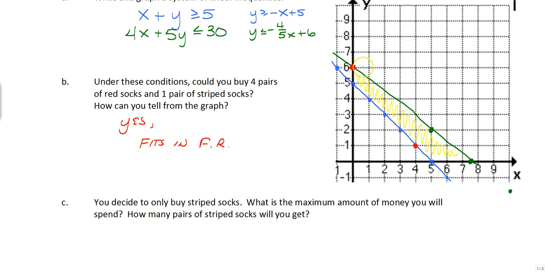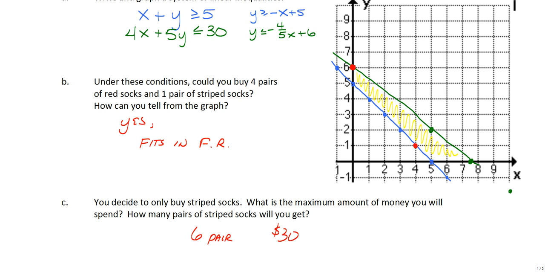So it looks like the most we could buy is 0 red socks and 6 pairs of striped socks. That's going to give us, at $5 a pair, exactly $30. So that is the maximum we can buy in terms of striped socks.